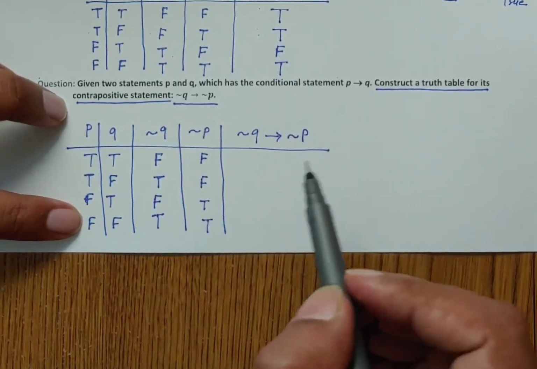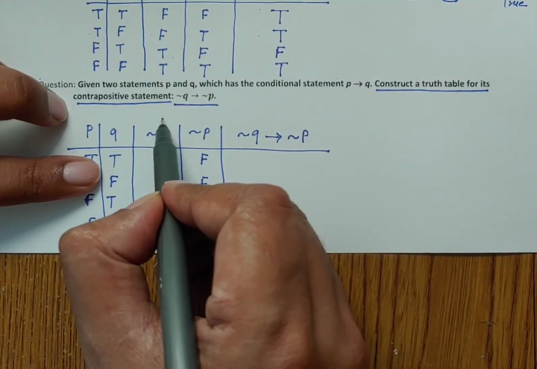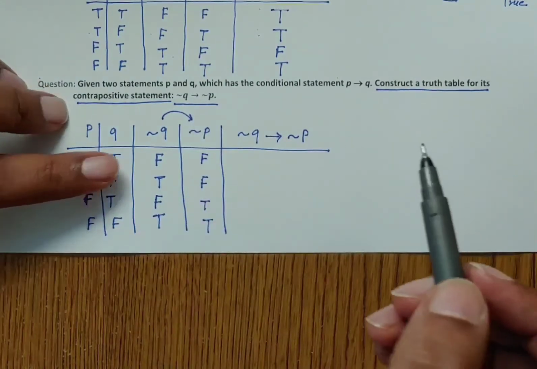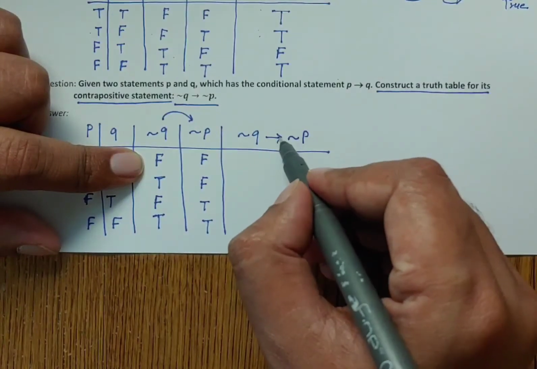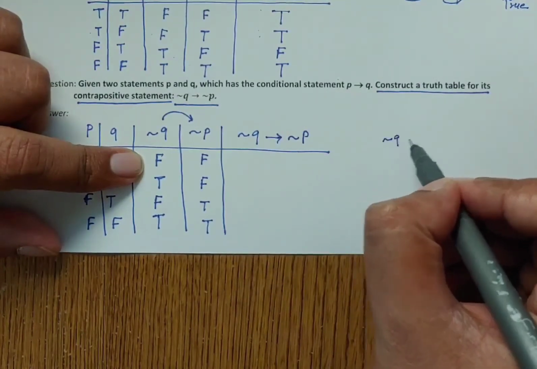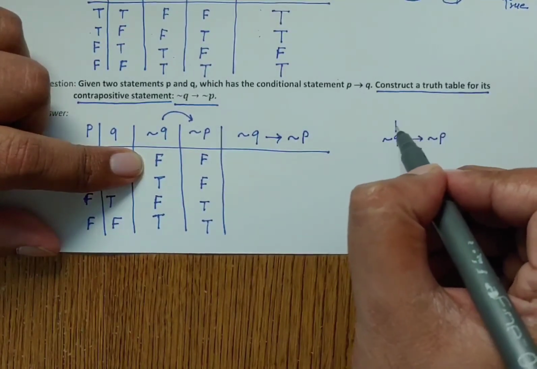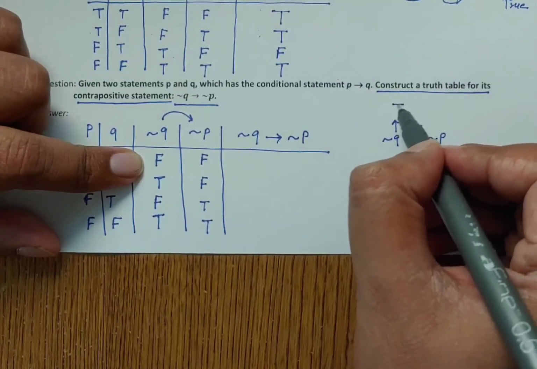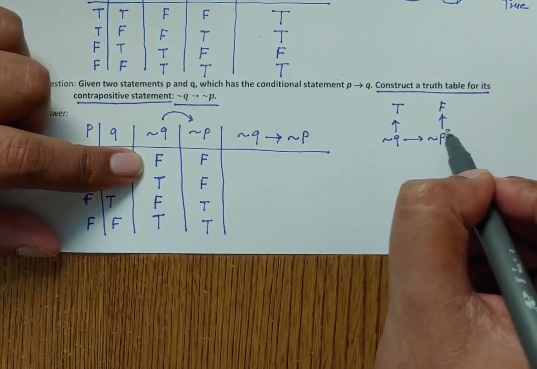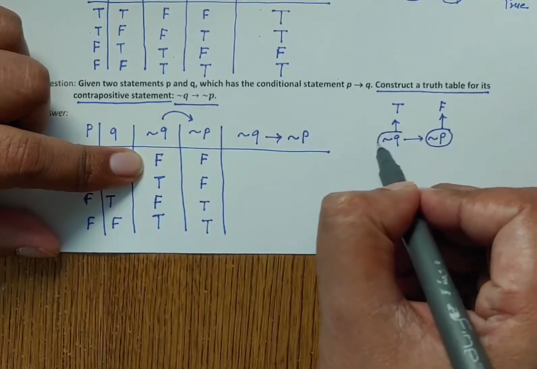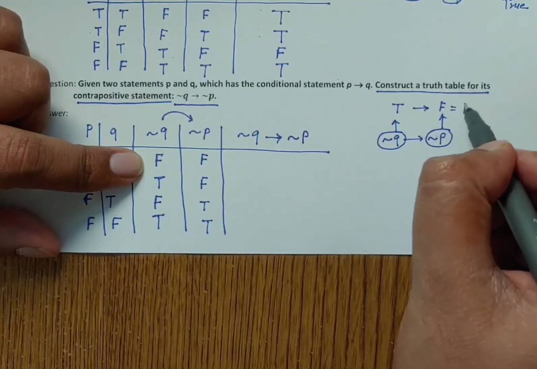Okay. Now negation of Q implies negation of P. So now we need to find this implies this. Let's do the scratch work because this is a conditional statement. If this part is true and this part is false, then true implies false will be false.